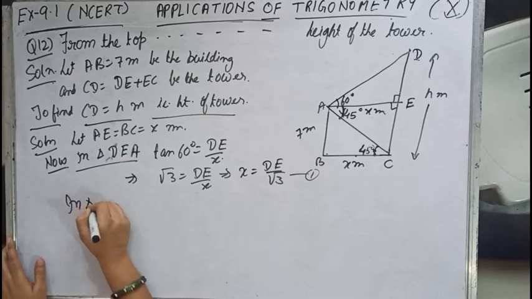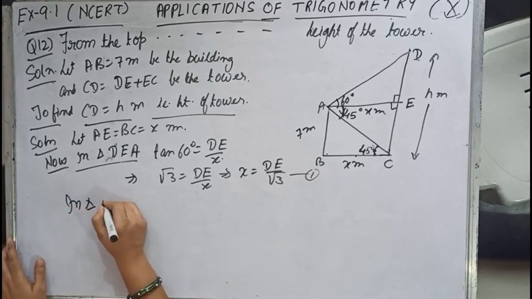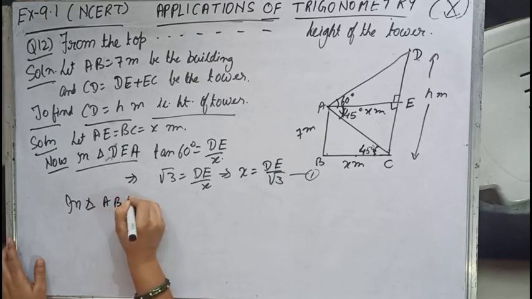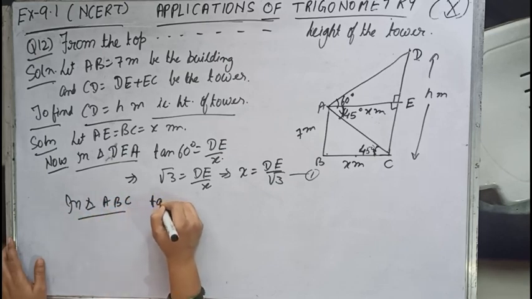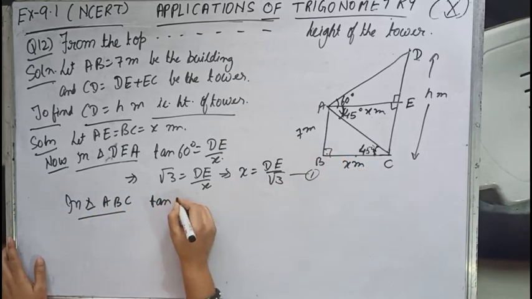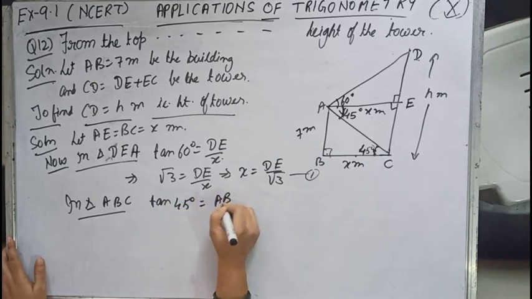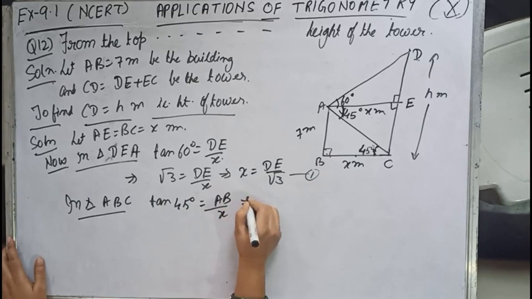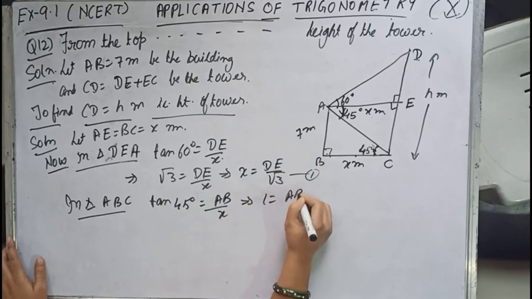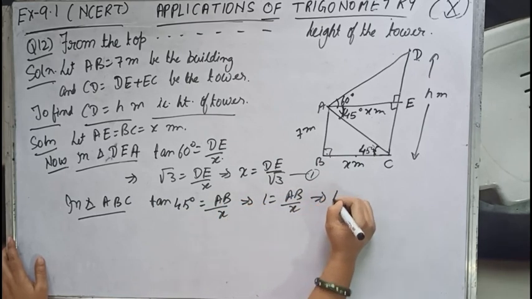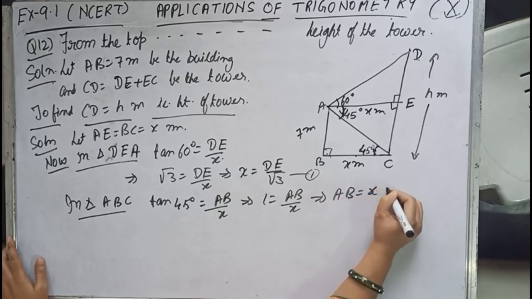Now in triangle ABC, tan of 45 degree equals to perpendicular by base. This implies 1 equals to AB by x. This implies AB equals to x meter.